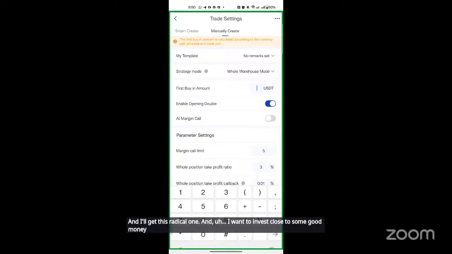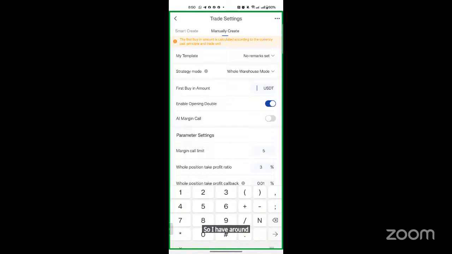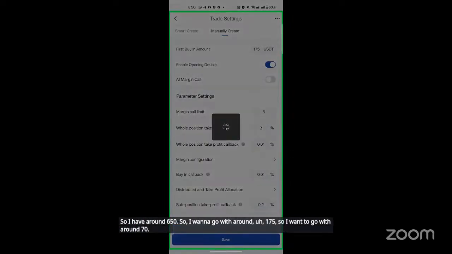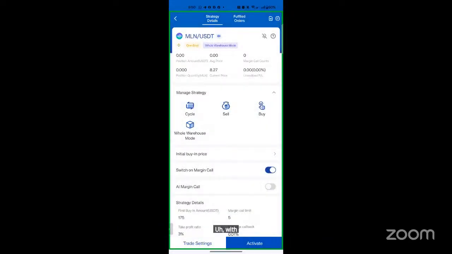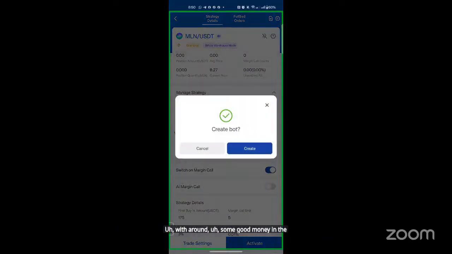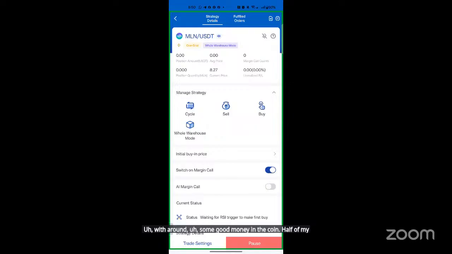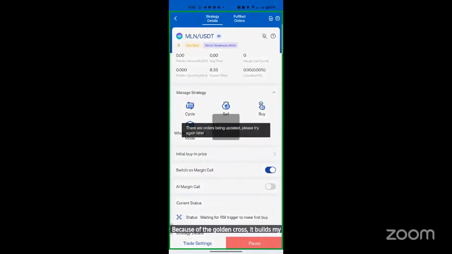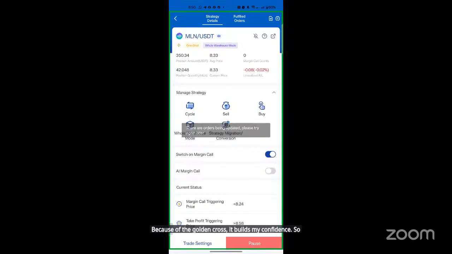I want to go halfway of my money. So I have around 650, so I want to go with around 175, with some good money in the coin. Half of my money in my account, because of the golden cross. It builds my confidence. So, bingo.